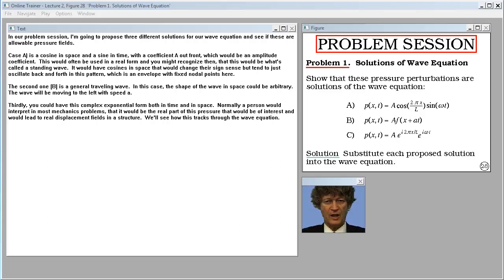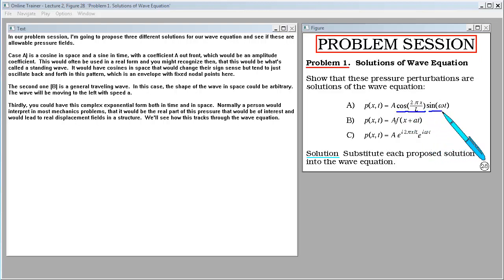In our problem session, I'm going to propose 3 different solutions for our wave equation and see if these are allowable pressure fields. Case A is a cosine in space and a sine in time, with a coefficient A out front, which would be an amplitude coefficient.